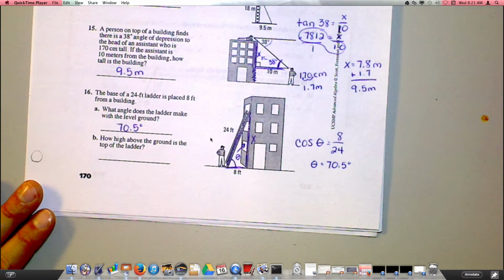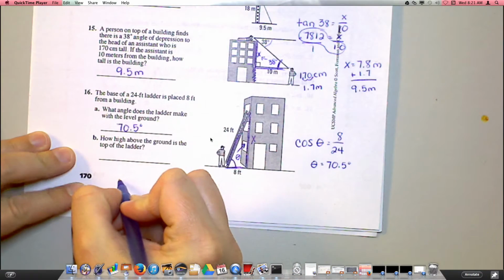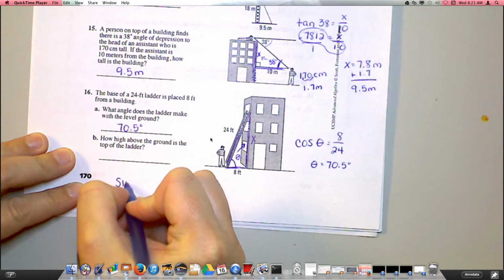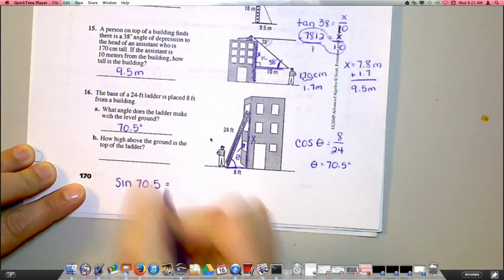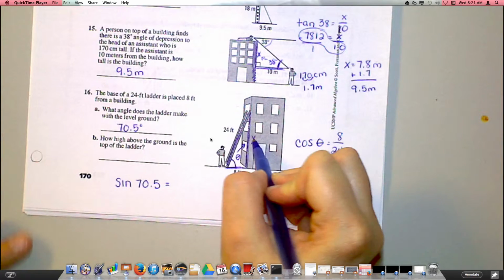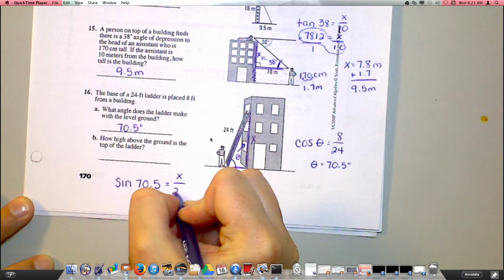It doesn't matter which one. So if I have to use the opposite, which two trig functions do I have to choose from? Yeah, so I could do tangent or sine. What do you feel like? Sine. Okay. So I would say sine of that angle, which we now know is 70.5 degrees, is equal to opposite, which is x, over the hypotenuse, which is 24.